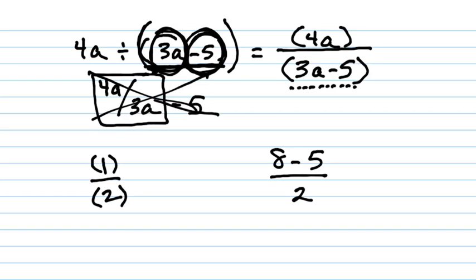Now, you may be tempted to say, oh, I can divide 8 by 2, right? But you can't. Because, remember, even though you can't see it, that 8 minus 5 is in a bracket, which means I need to do that when? First. So it's really 8 minus 5, which is 3 over 2. Now can I divide 3 by 2?